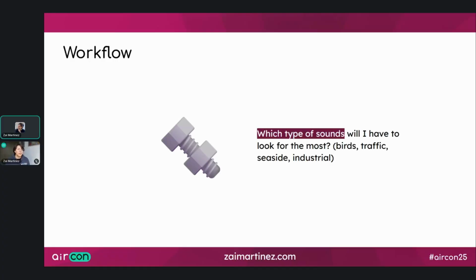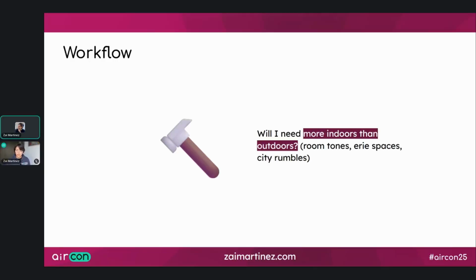So for example, in the video that I am watching, they are constantly in a park, or maybe there are a lot of street views. I would make note of that, because those sounds are the ones that I'm going to be using the most, and also the characteristics of the sounds. Is it more indoors or outdoors? Would I need more room tones, or city rumbles, or beach rumbles?